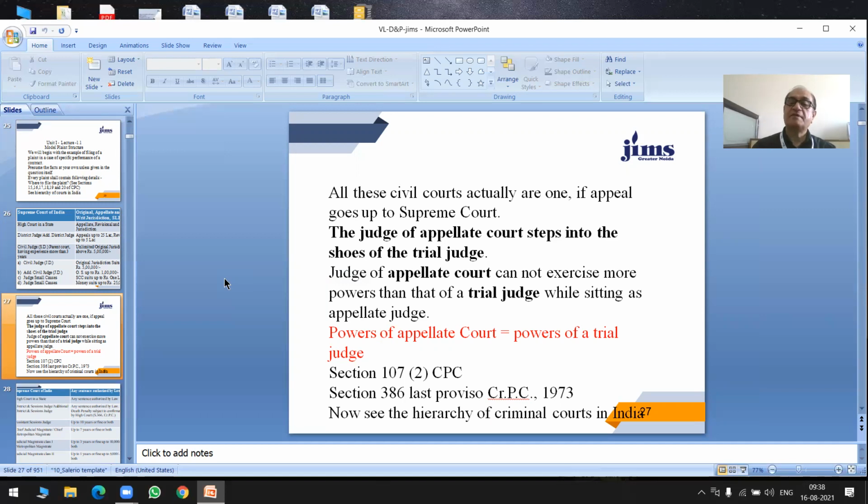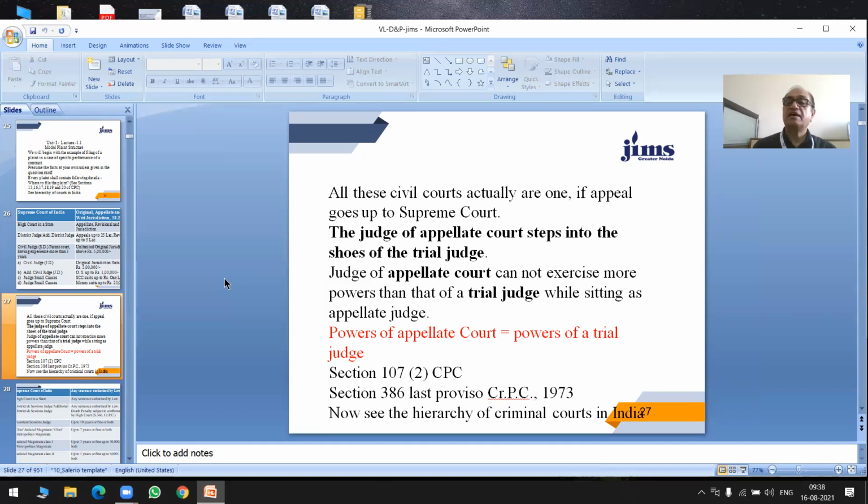The equation is: power of appellate court is equivalent to the power of a trial judge. This is the mandate of section 107 clause 2 of CPC. Likewise, on criminal side, the last proviso of section 386 says that appellate court, while sitting in appeal, cannot award more punishment than what could have been imposed by the trial judge.